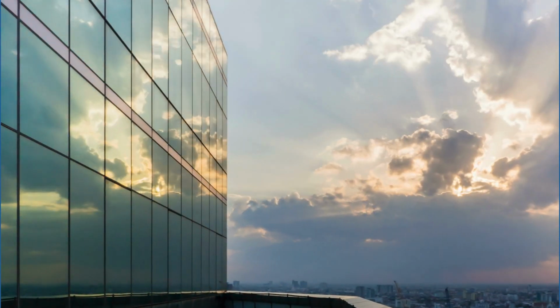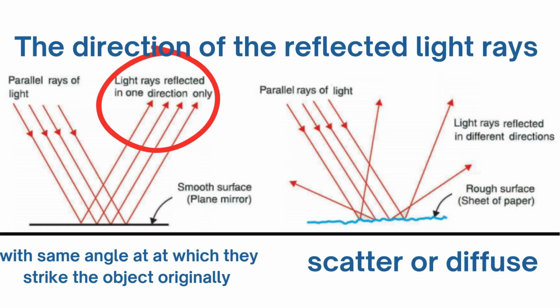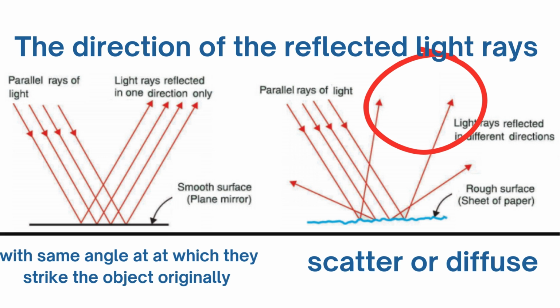Because in the smooth, shiny materials, the reflected light rays are in one direction. So the smooth and shiny materials reflect light rays in one direction. But in rough materials, the light rays are reflected in different directions.